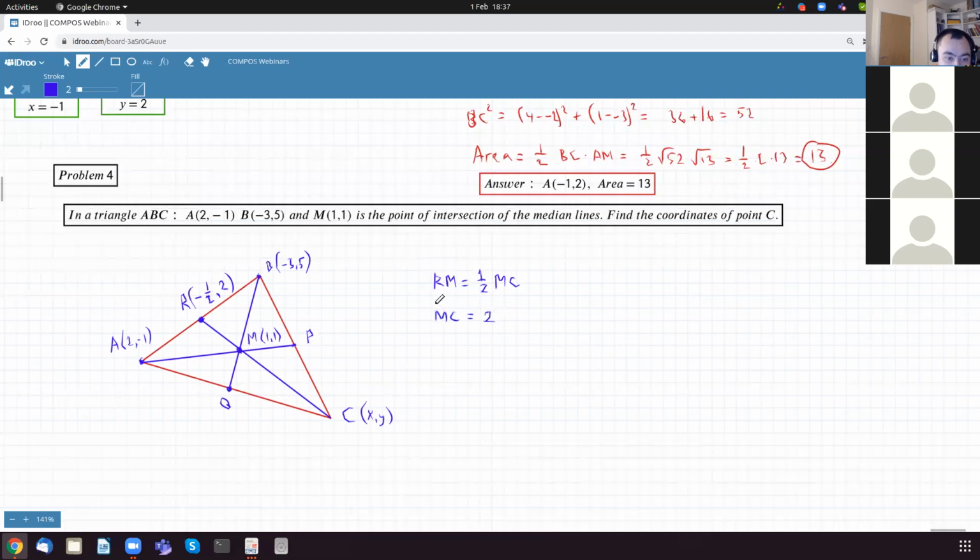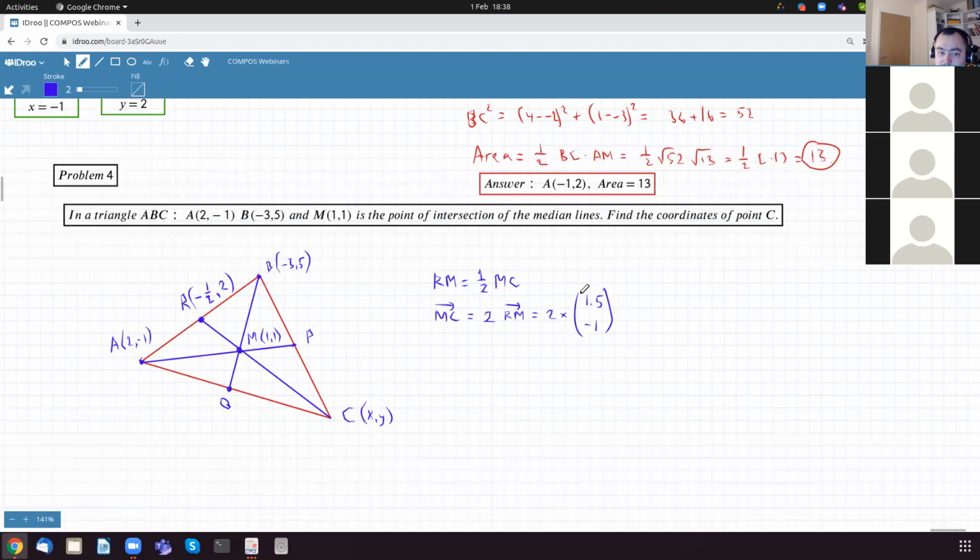The vector MC is 2 times the vector RM, and RM is 1.5, -1.